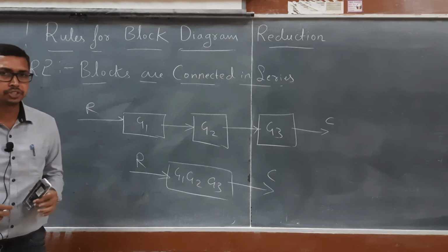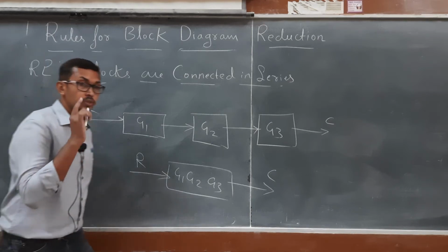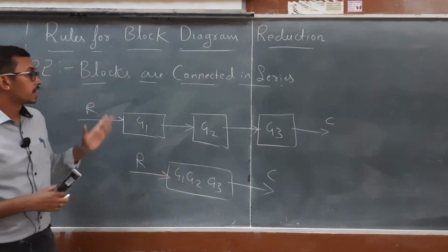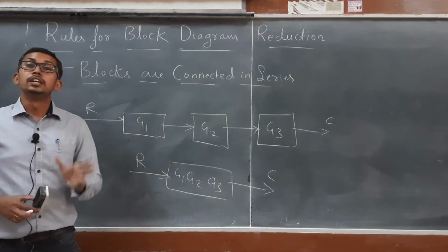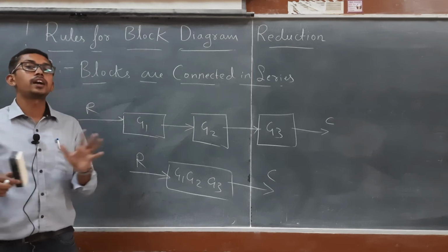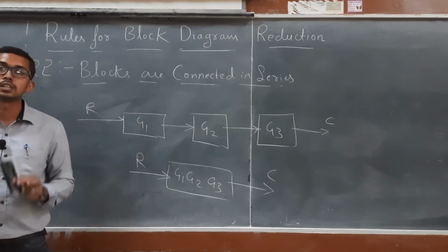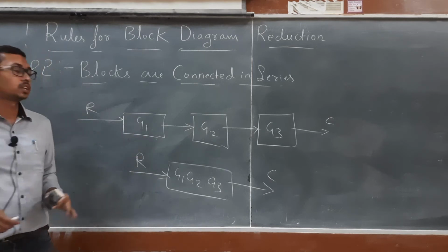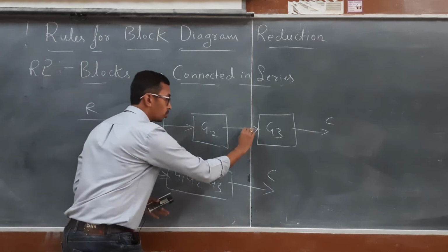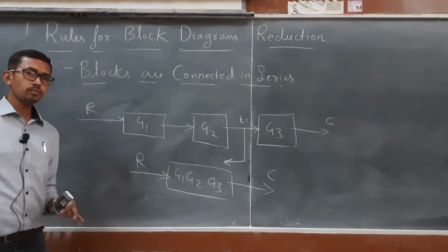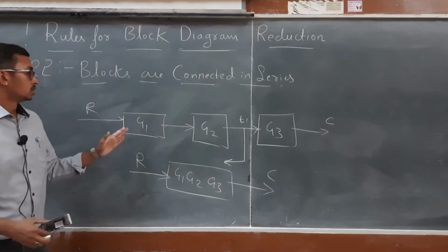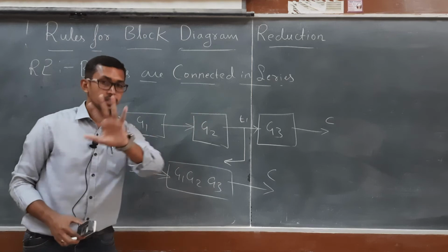And there is one star condition. You need to check whether any summing points or takeoff points are there. If that is there, we can't consider the blocks to be in series. To demonstrate that, I am going to take an example. Here is takeoff point 1. Now, can you tell me, G1 and G2 are in series?